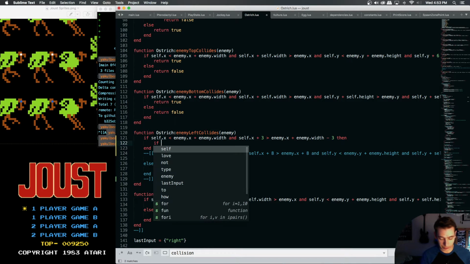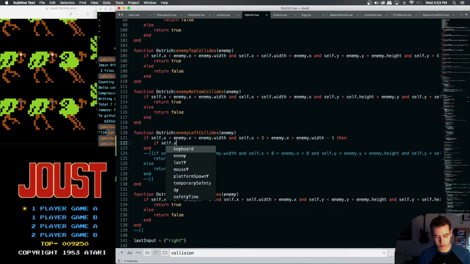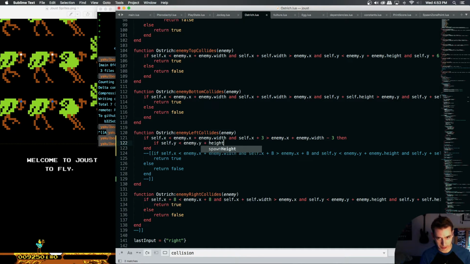But we've got to do the y's, so we're going to see if the top of our ostrich is smaller than the bottom of our enemy. So y plus enemy height.